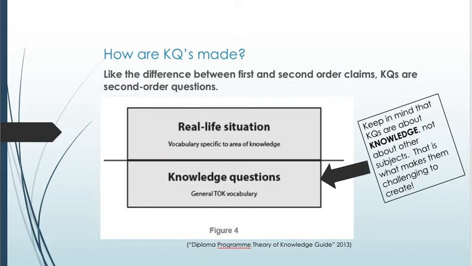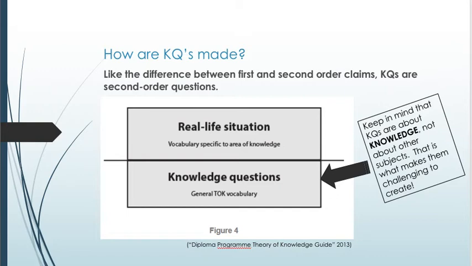How are knowledge questions made? Like the difference between first and second order claims, knowledge questions, or KQs, are second order questions. So we look at a real life situation, which we've been collecting and writing up and keeping track of in our journals.